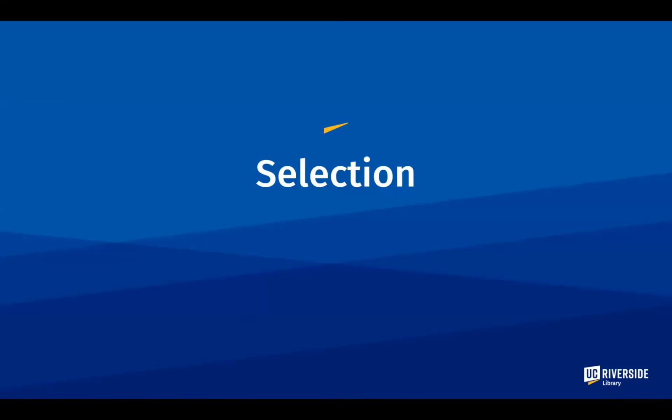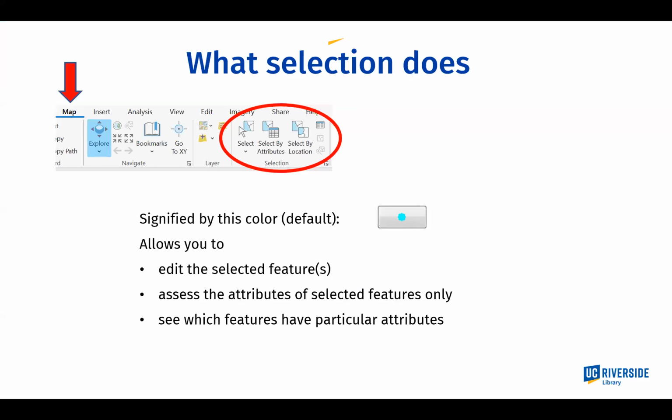Okay, we're going to get going pretty soon here with the demo part. Looking at my time, this is pretty good. Okay, selection. So what does selection do? Well, first of all, it's signified by that bright aqua color. And when you select a feature on your map, you can edit those features, either their location, their shape, or what their attributes are.